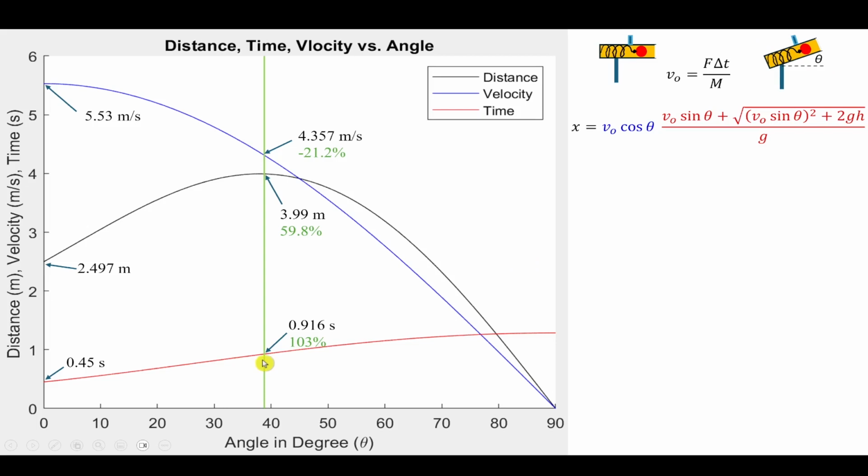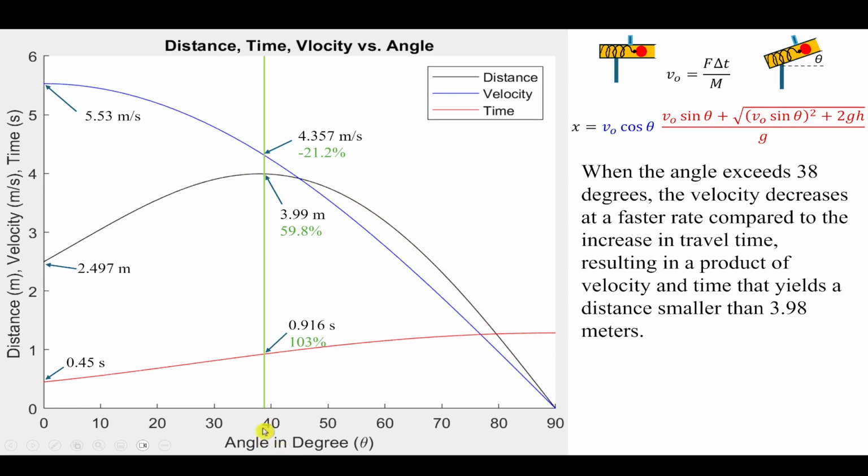But it will stay in the air traveling 0.91 seconds. That's an increase from 0.45 to 0.91 seconds, a 103% increase. And here there is only a 21% decrease in velocity, but it gained more time.